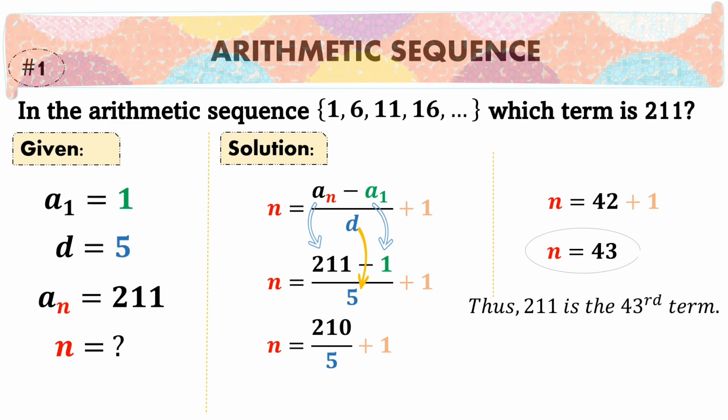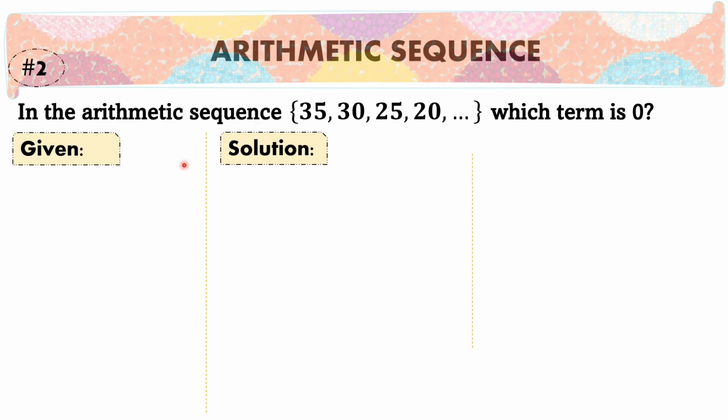Okay. Number 2. In the arithmetic sequence 35, 30, 25, 20, and so on, which term is 0? So what's the position of 0? The given are, first term is 35, d is negative 5, and a sub n is 0.